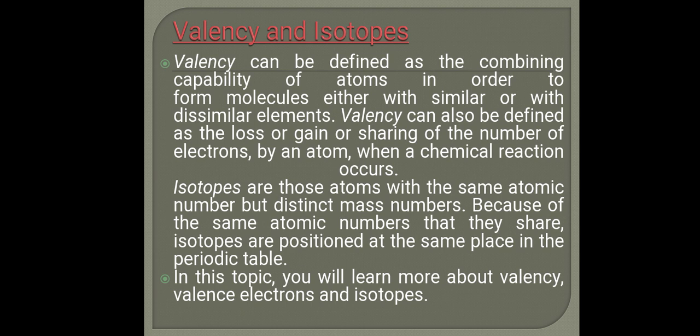Isotopes are those atoms with the same atomic number but distinct mass numbers. Because of the same atomic numbers that they share, isotopes are positioned at the same place in the periodic table. In this topic, you will learn more about valency, valence electrons and isotopes.